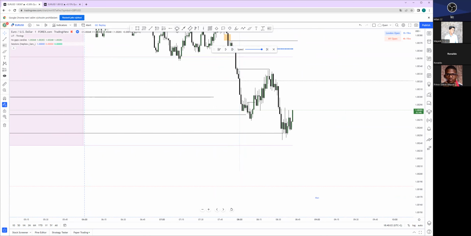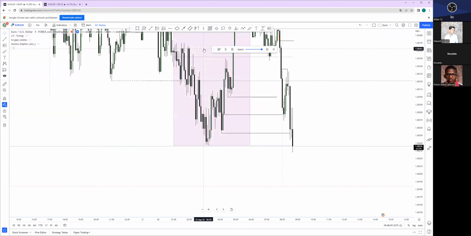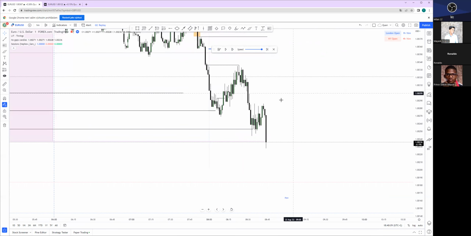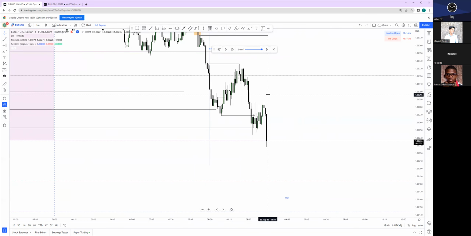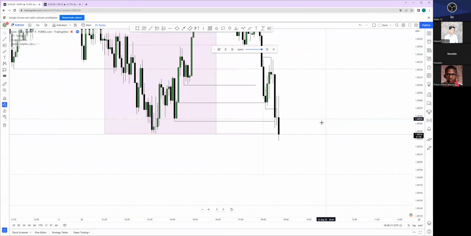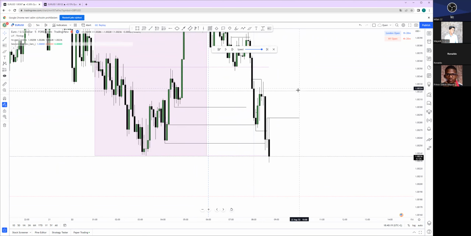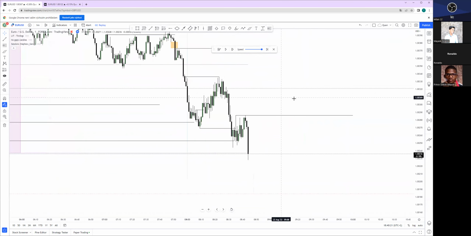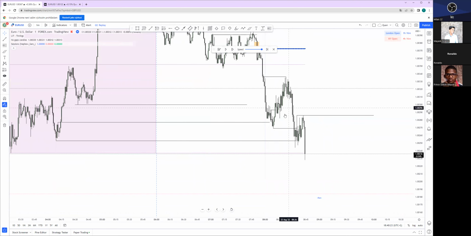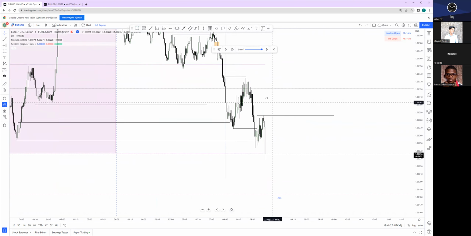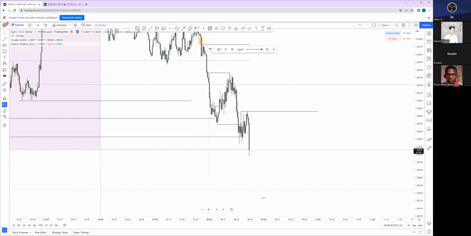Okay, it's not a lit point. Let's see. Oh well, okay. Yeah, so it is a lit point, right? On 5 minute, for example, you just had this break of structure, price coming back, breaking another structure. So you want to position yourself in sells here, and does price have a reason to come this high?